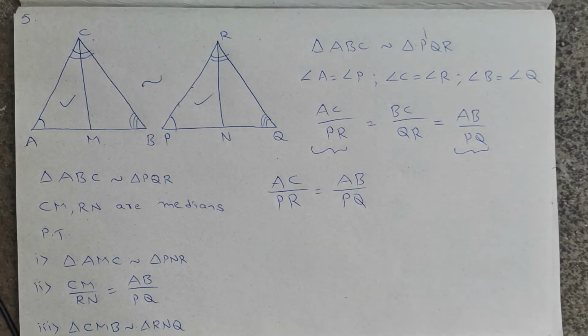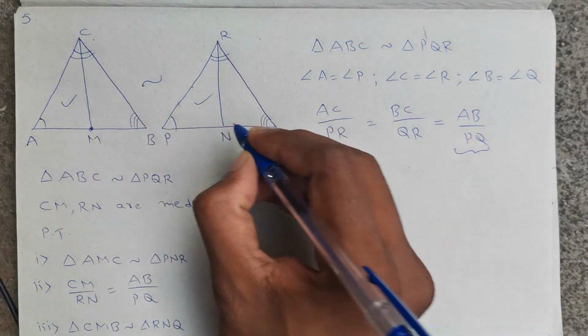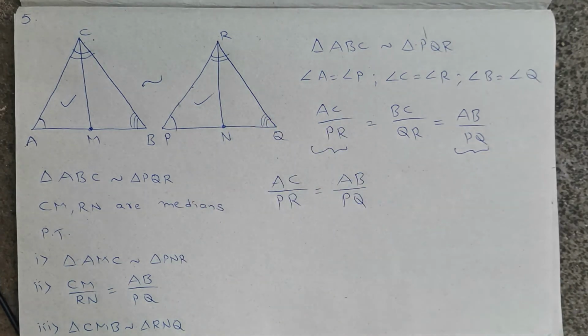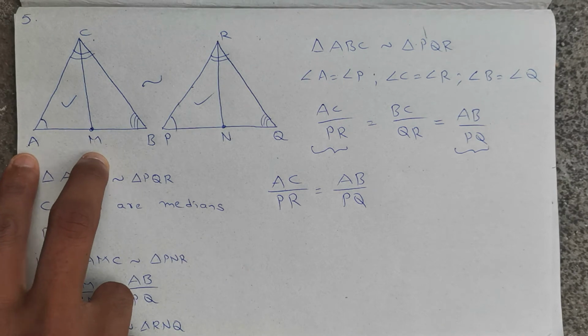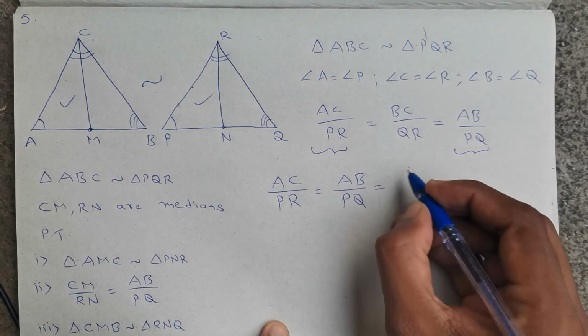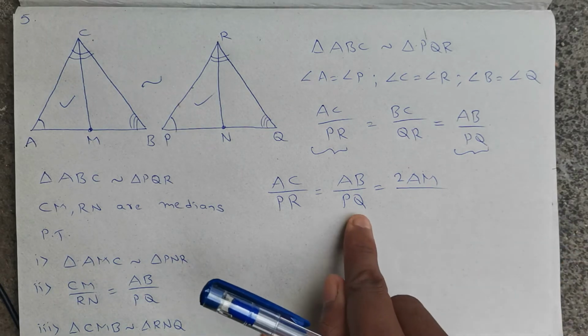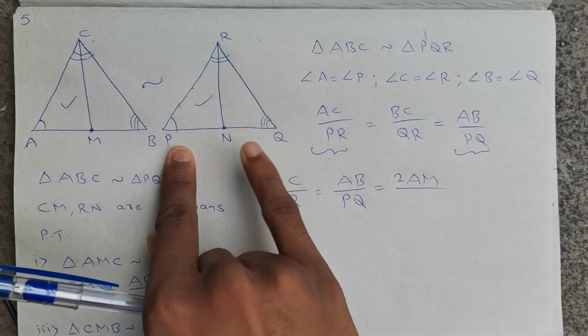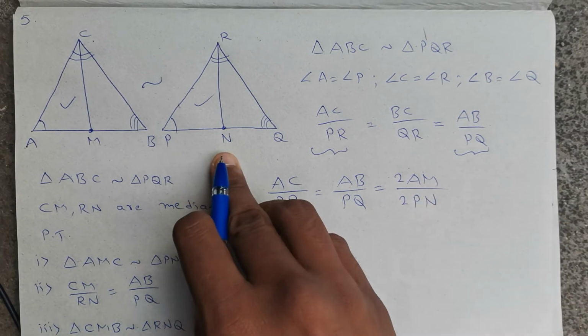Now he very clearly mentioned CM and RN are the medians. So it means M is the midpoint as well as N is the midpoint. So AB is double of this AM. So in the place of AB, I will write double of AM divided by, the same way for PQ, PQ is double of PN, 2 times PN, because N is the midpoint.